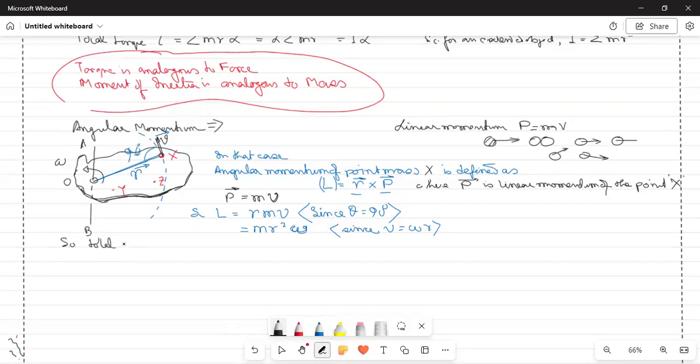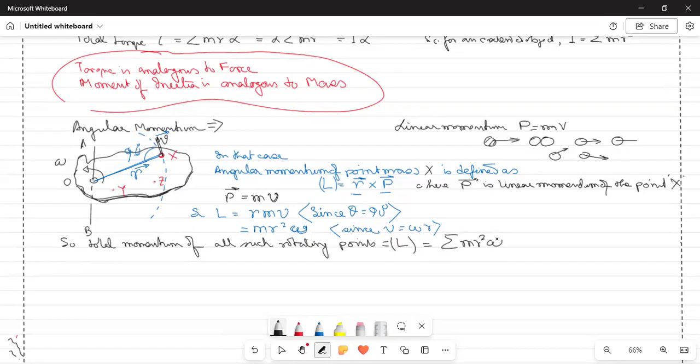Total momentum of all such rotating points is designated by capital L, equal to sigma m r square omega, right?